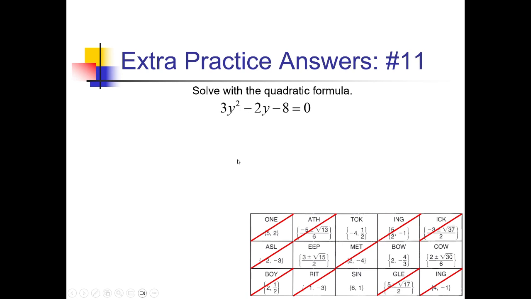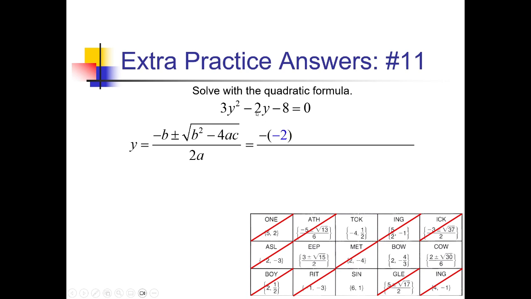So for this one, we will use the quadratic formula just like everything else. So there it is one more time. Y equals all that. And then we've got negative 2 for that b value up there, plus or minus square root of negative 2 squared, minus 4 times the a value 3, times the c value negative 8, all over 2 times my a value of 3.